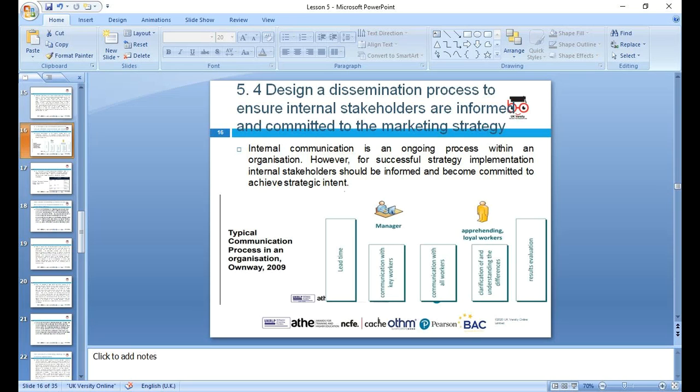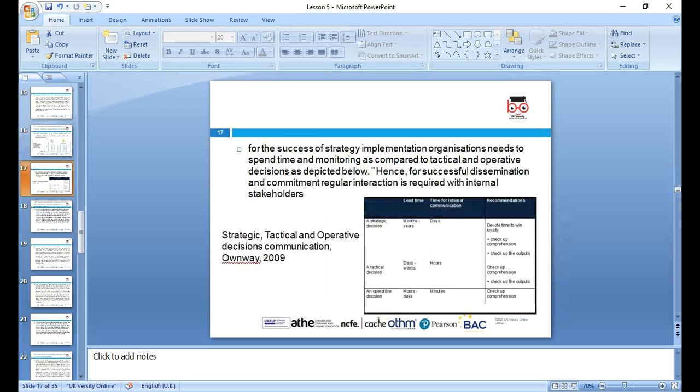However, for successful strategy implementation, internal stakeholders should be informed. Yes, they need to be involved. You work as a team. Lead time, how much time, communication to key workers, communication to all workers, clarification, understanding the difference, and the result evaluation.